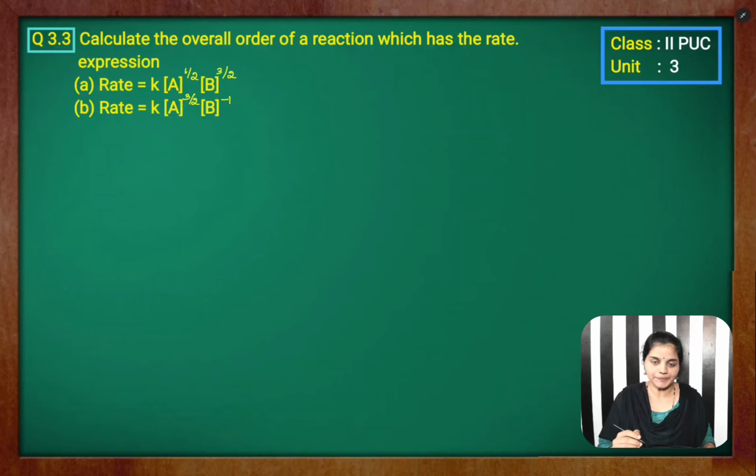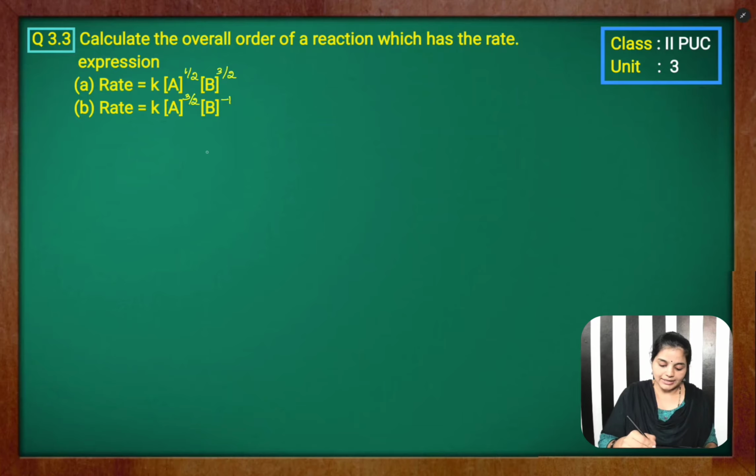Question number 3.3. Calculate the overall order of a reaction which has the rate expression. First one, rate is equal to K, concentration of A raised to half, concentration of B raised to 3 by 2. Second, rate is equal to K, concentration of A raised to 3 by 2 into concentration of B raised to minus 1.